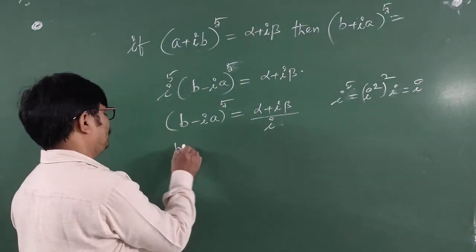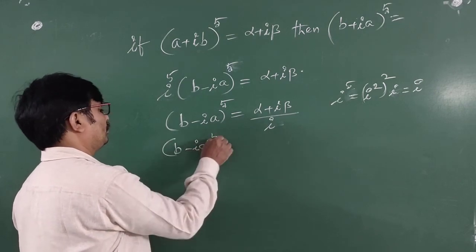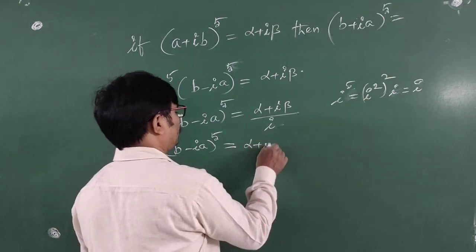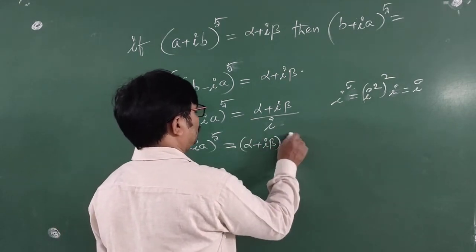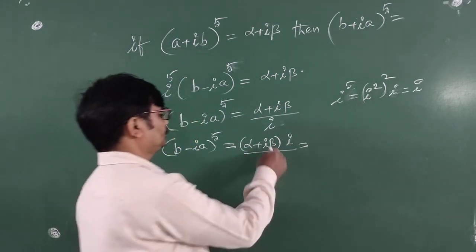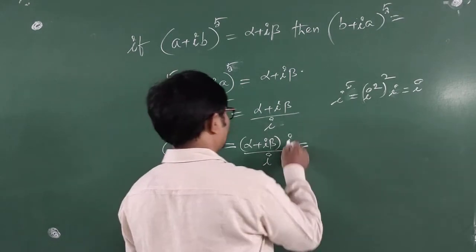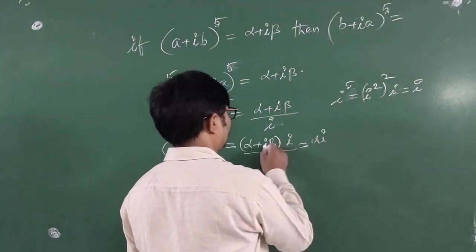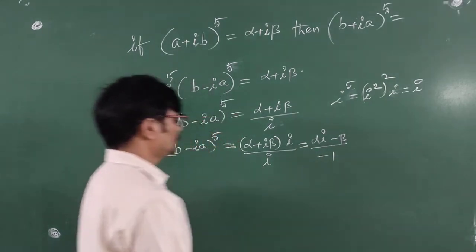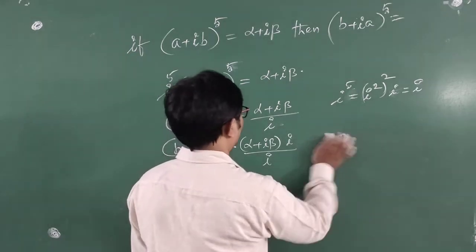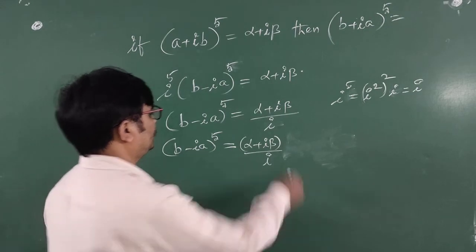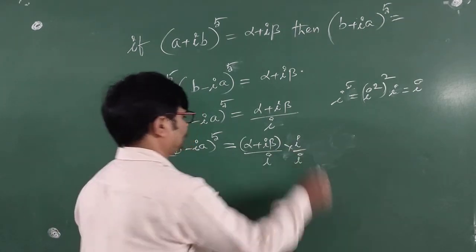So b minus ia whole power 5 equals alpha plus i beta into i by i. What happened here: alpha into i, alpha i, minus beta upon minus 1. So first we are taking into i by i.